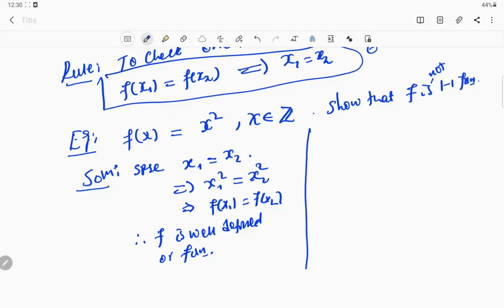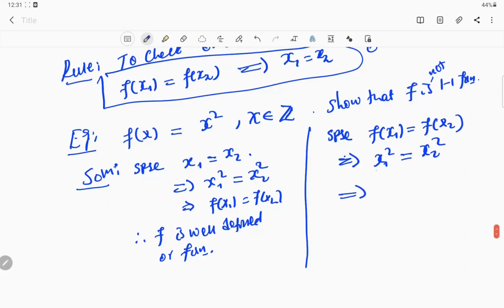Now, how about the one-to-oneness? Let's suppose that f(x1) equals f(x2). That means, according to our definition, x1 squared equals x2 squared. Does this imply that x1 equals x2?